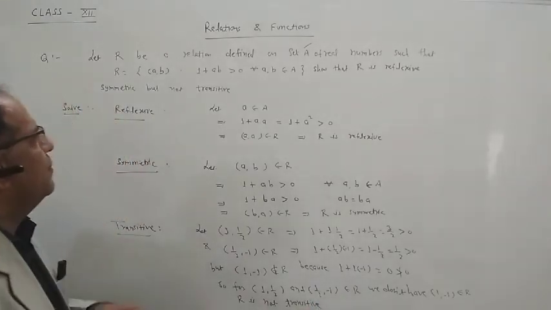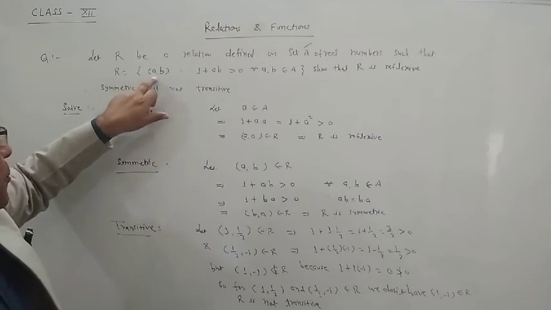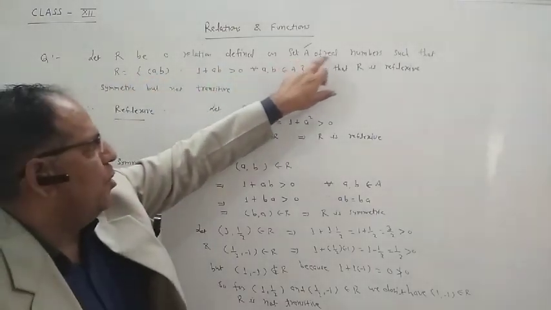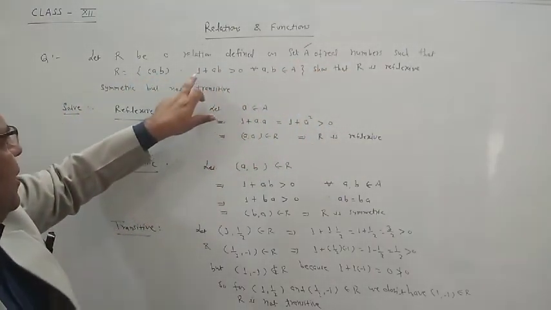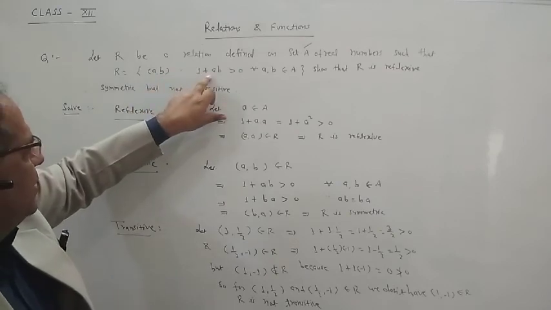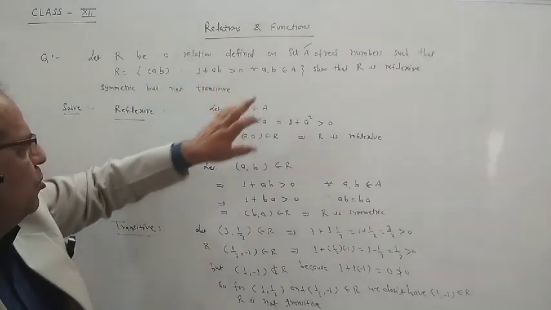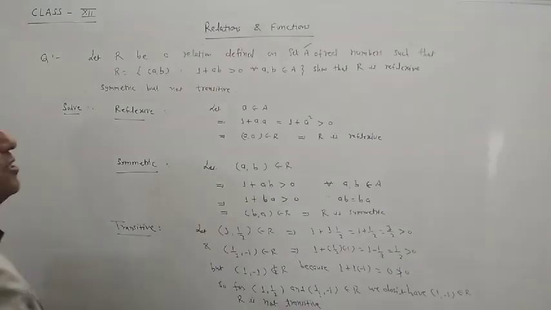So in this example, this relation, which is defined on the set A of real numbers containing all those elements satisfying the property 1 plus ab greater than 0, we wanted to check that this relation is reflexive, symmetric but not transitive.